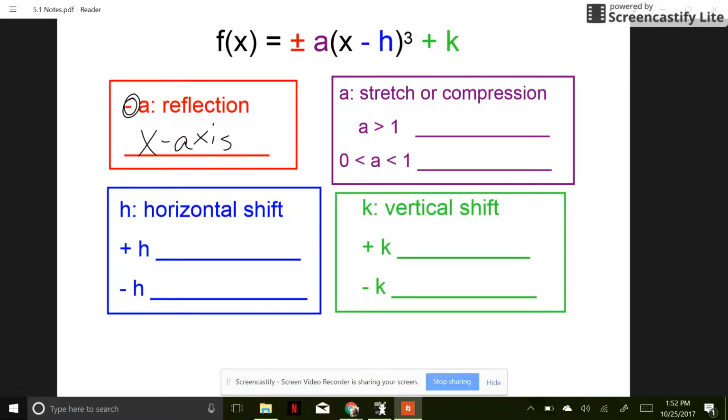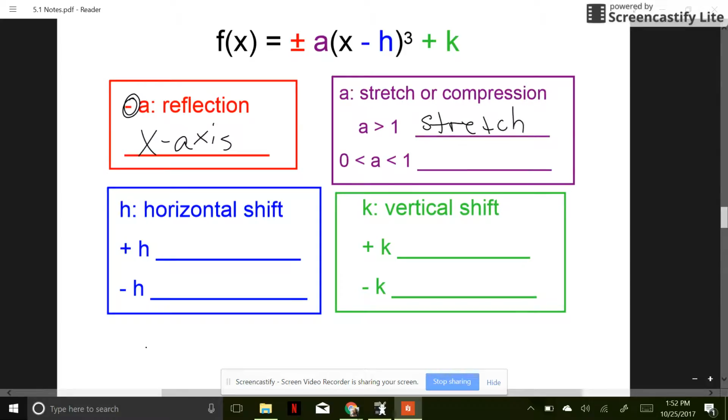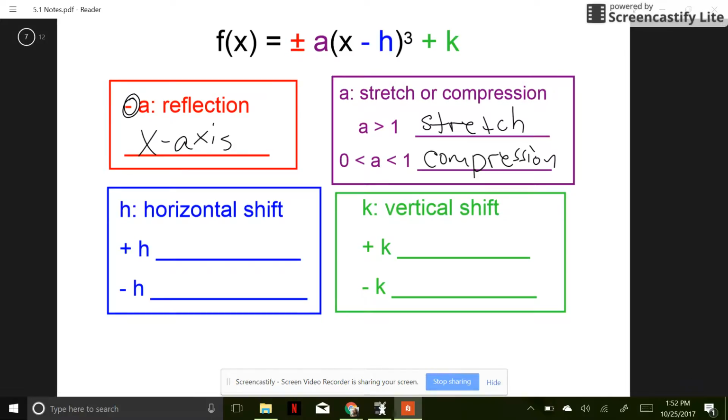Stretch or compression, when we multiply by something bigger than 1, that's when it stretches. When our value is being multiplied by something between 0 and 1, that's when it's going to compress. Now these are vertical stretches and compressions. We are not working with the horizontal ones. So vertical stretch or compression.